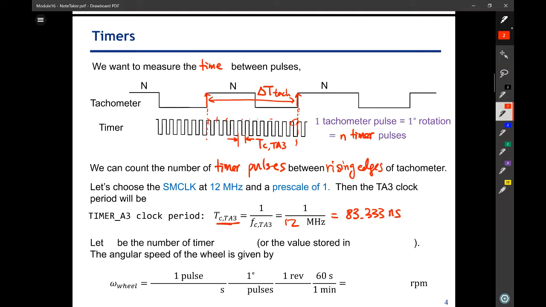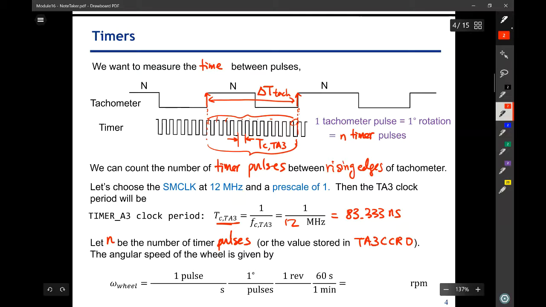Let n be the number of timer pulses; the value of n is stored in TA3 CCR0.